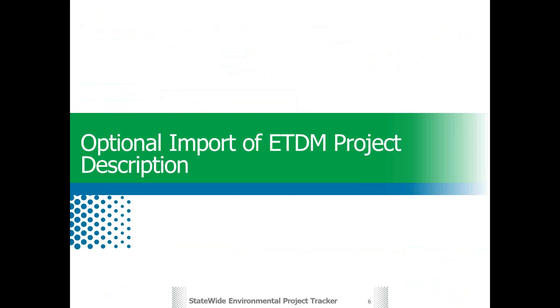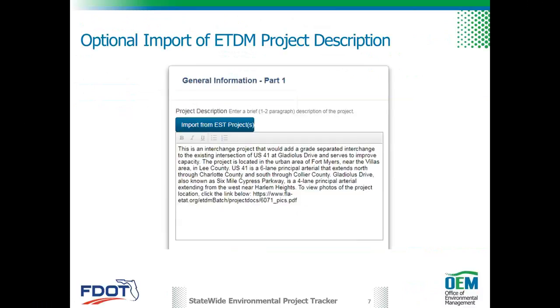Next, we have an enhancement to the project description import. Previously, when you set up your projects and put in an ETDM number, it would go ahead and pull in the project description from ETDM. That project description may not have always been the brief 1 to 2 paragraph description that we're looking for in SWEPT, or it may have been out of date.